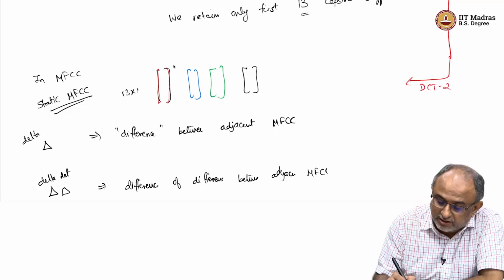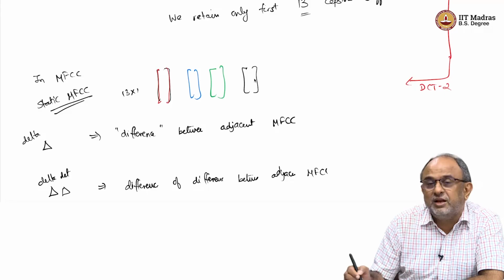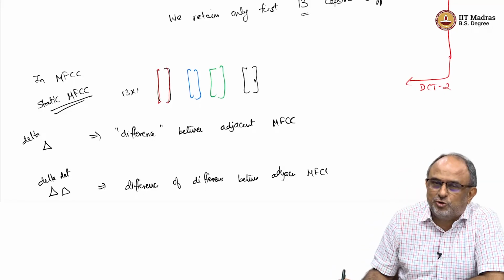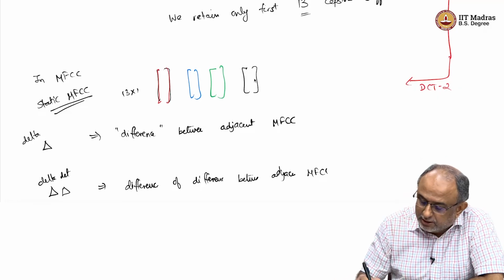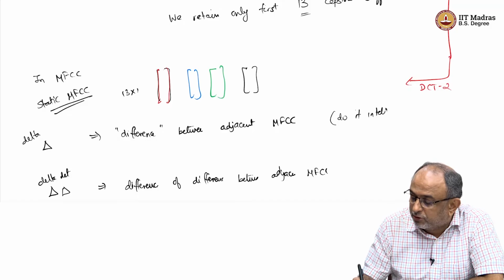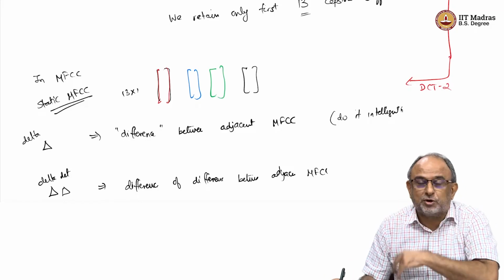This one is like a difference between the red and the blue, then the blue and the green, and the green and the black. That is an approximate operation, but we do it more intelligently, because pure differencing is a high pass filter and is noisy, so you have to be a little more careful.